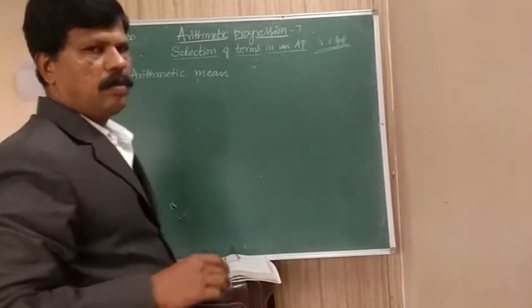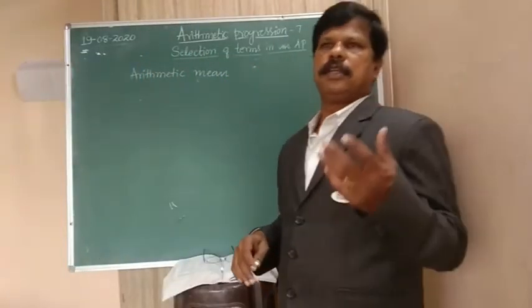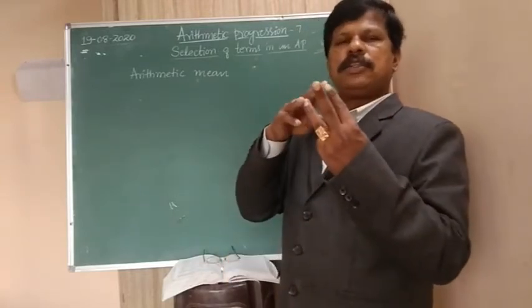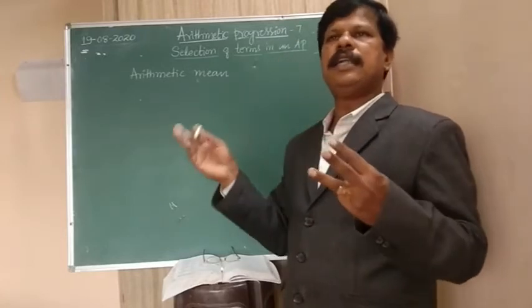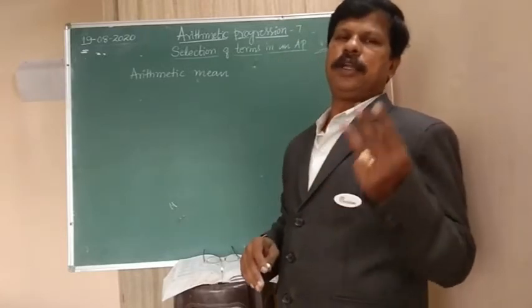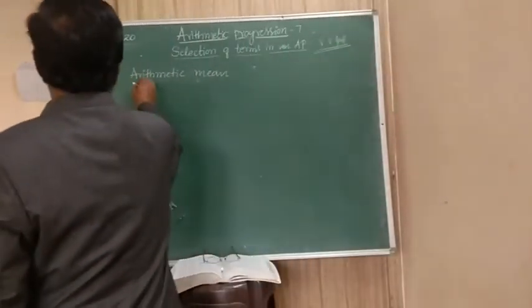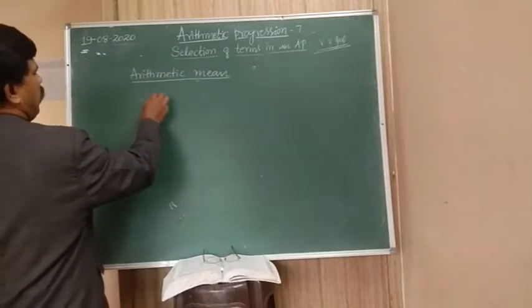You studied mean in 9th standard. The arithmetic mean of 2 numbers: take the 2 numbers, add them and divide by 2, and you will get the arithmetic mean. In the same way, here also, the arithmetic mean of numbers in an AP.